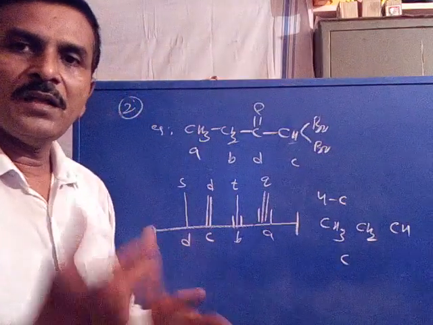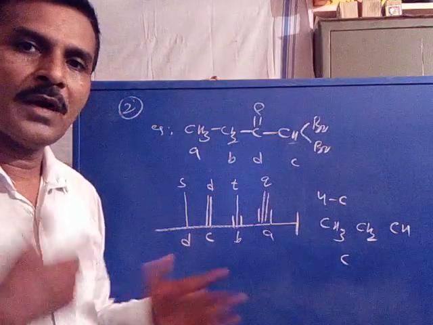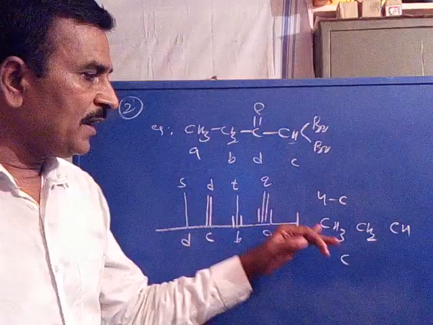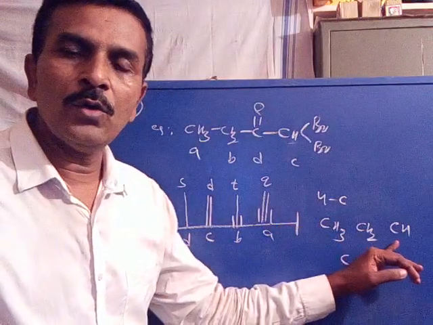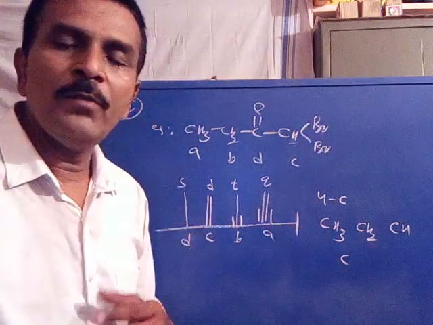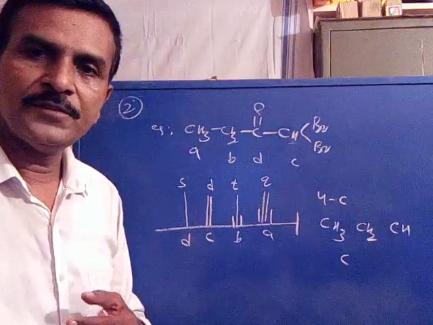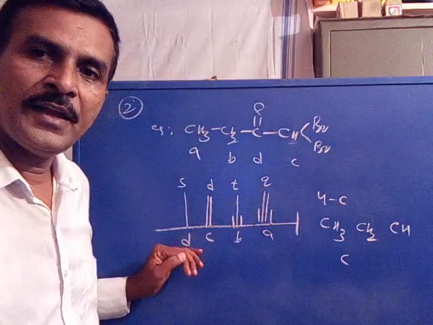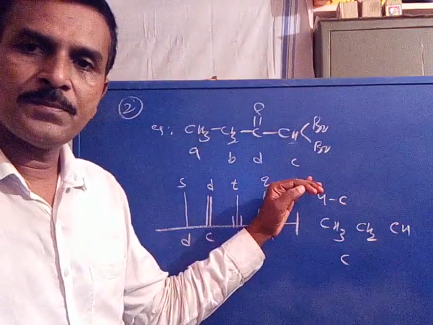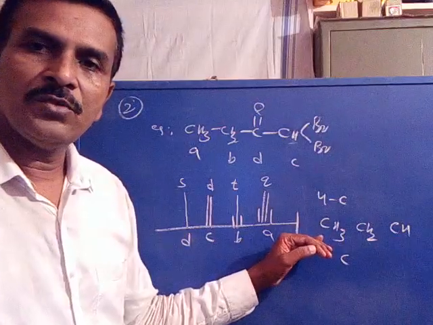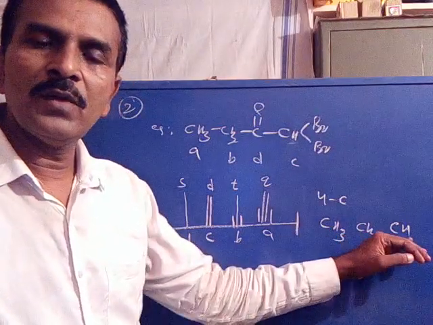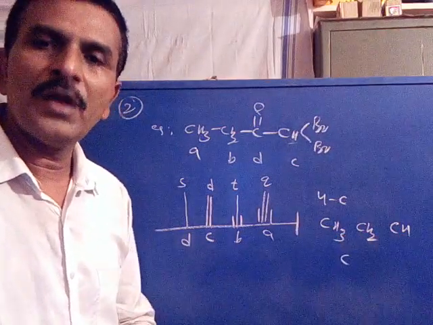So based on the multiplicity, we can identify how many CH3, how many CH2, how many CH carbons and how many carbons without hydrogen. Is it clear? So this spectrum indicates there are 4 carbons present, and 1 belongs to CH3, 1 CH2, 1 CH, 1 carbon without hydrogen.